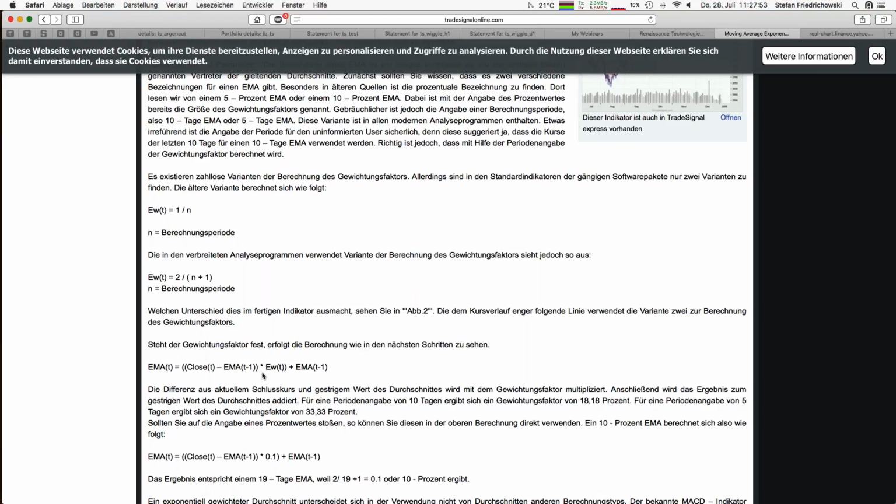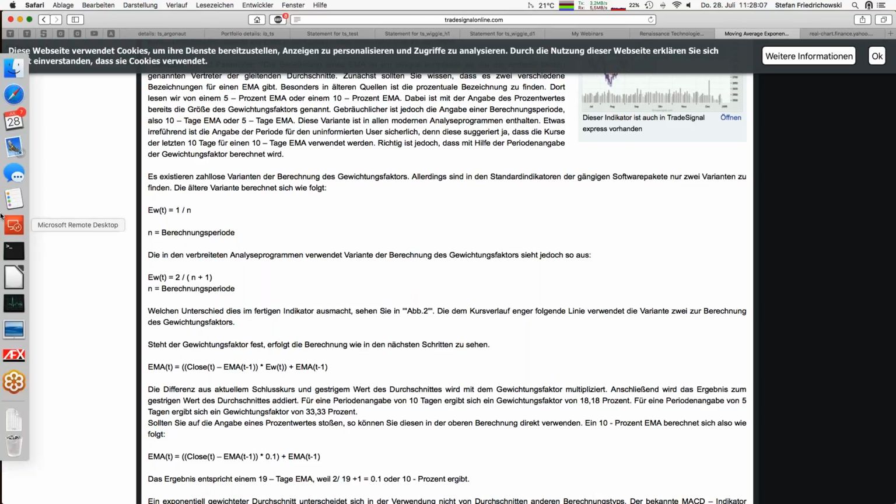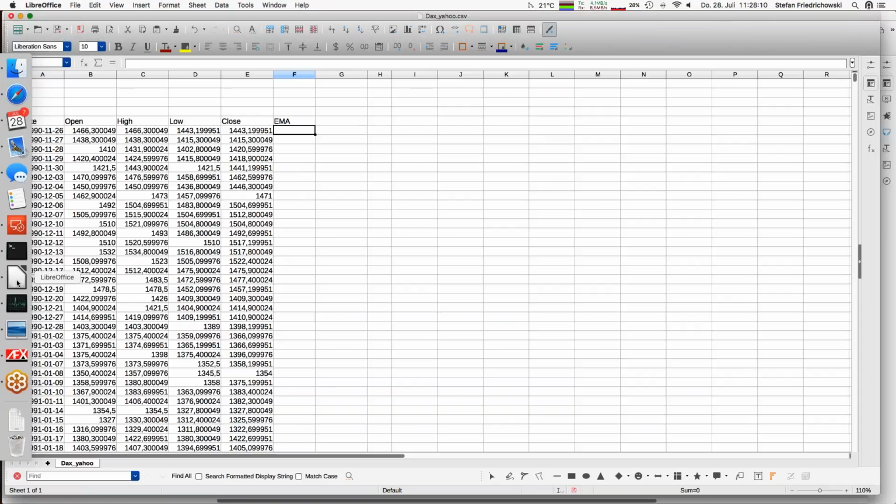In the practical calculation, you will see that in the Excel sheet as well. So we remember the formula here: close value minus EMA previous, times that factor, plus the EMA of the last candle. And we can do that here as well.